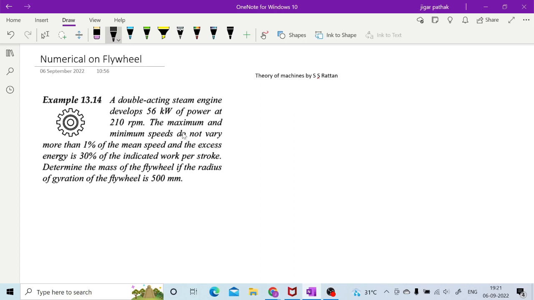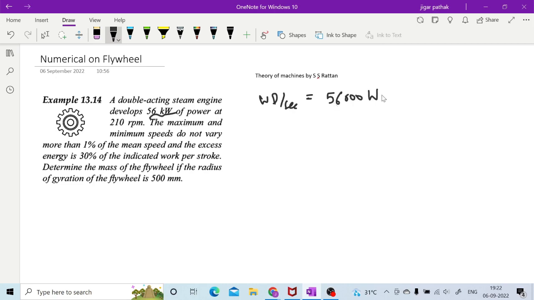So first, what is provided here is work done per second, right? Work done per second is given as 56,000 watt, because power is mentioned as 56 kilowatt, right?